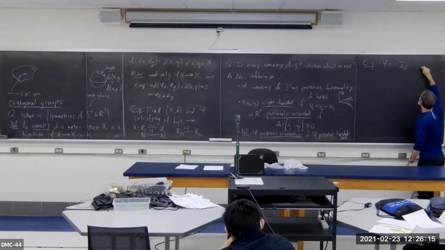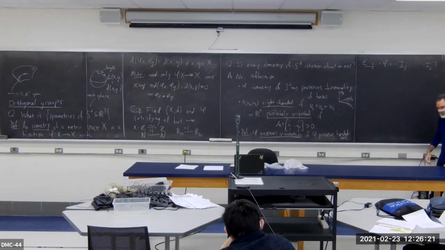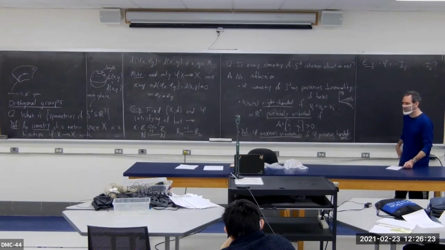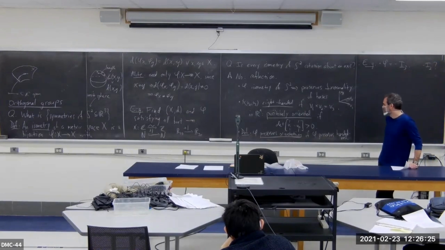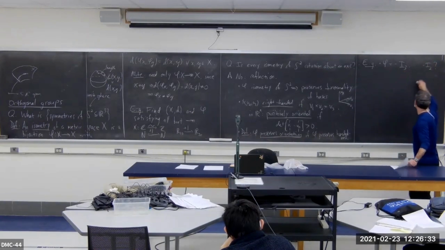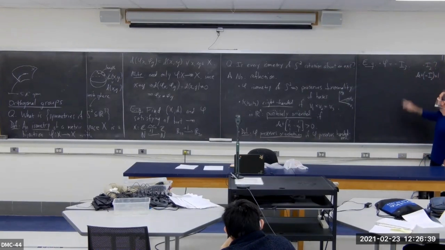So how about negative I2? In R2, is this oriented positively? Does this map preserve orientation or not? Yes, it preserves orientation, because the determinant of minus I3 is -1, but the determinant of minus I2 is 1.